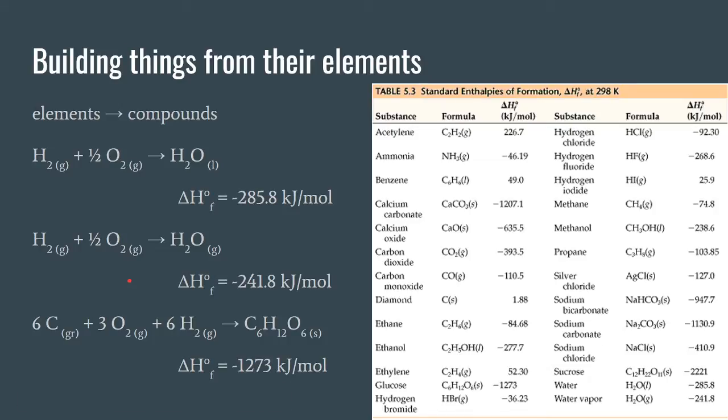Enthalpy of formation: you produce 1 mole of your product. Be careful, pay attention to the state of matter, and it's just made out of pure elements. So by definition, because of the way we have this set up, for a pure element the enthalpy of formation is always going to be 0, because you're just making hydrogen into hydrogen.